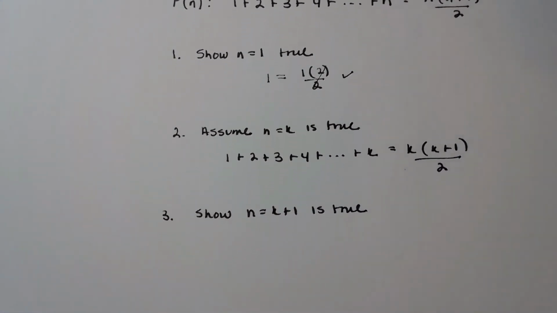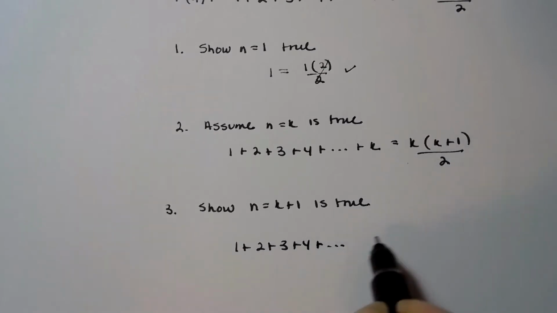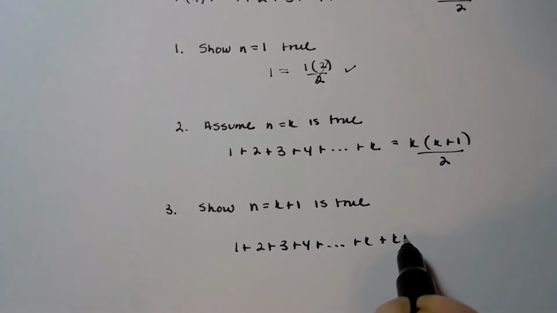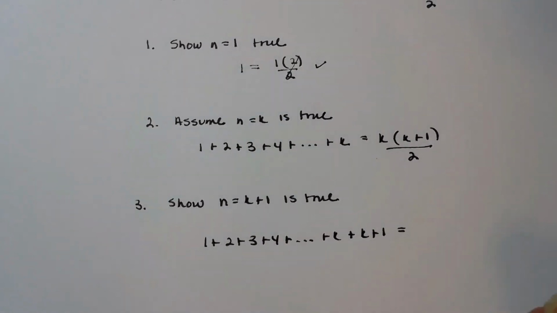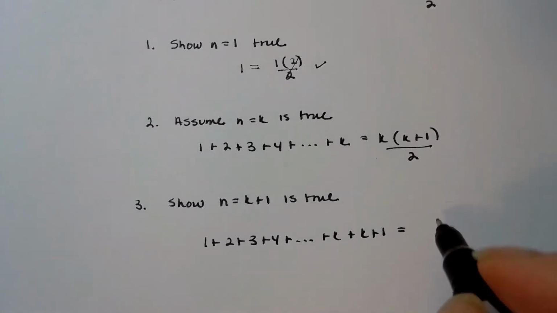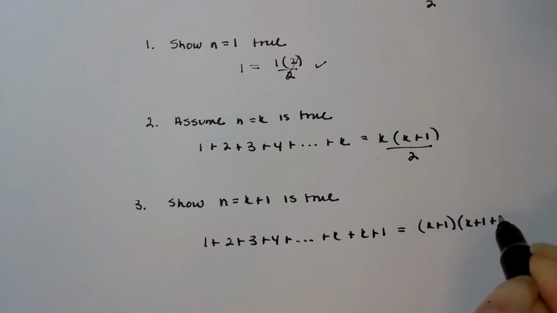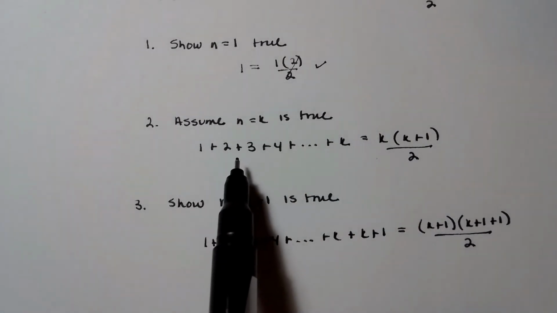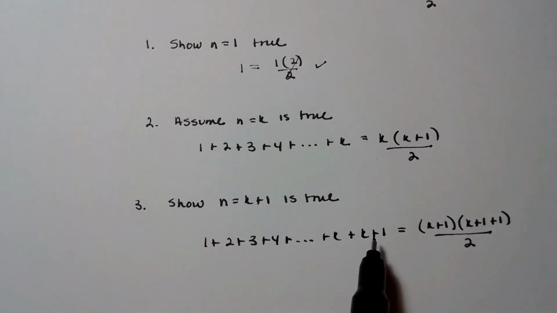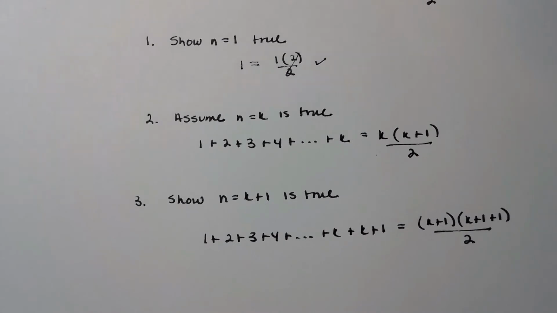What I'm going to write now is 1 plus 2 plus 3 plus 4 plus ... plus k plus 1, the next term, is equal to, and on the right hand side, I'm going to fill in k plus 1 times k plus 1 plus 1 over 2. All I've done was take all of this, add the k plus 1 term, and on the right hand side, for every k that I saw, I substituted k plus 1.